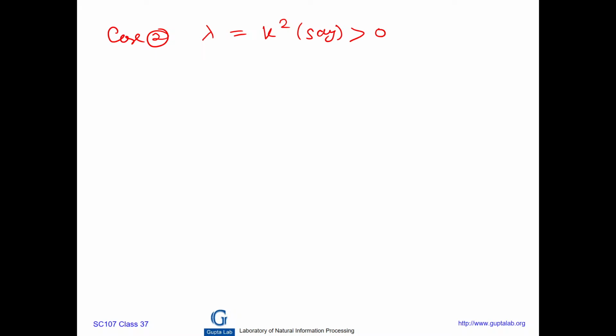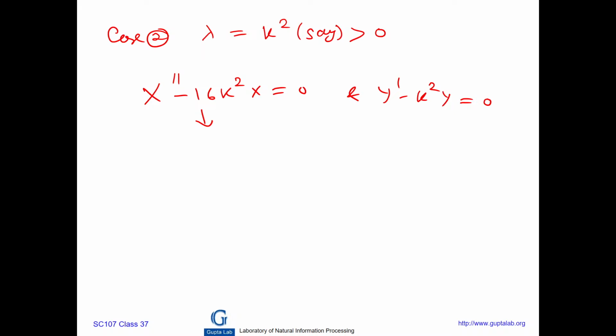In that case, the first equation will give us X double prime minus 16 k square X is equal to 0, and Y prime minus k square Y is equal to 0, from that expression. Now this is a second order linear differential equation with constant coefficients which is homogeneous.